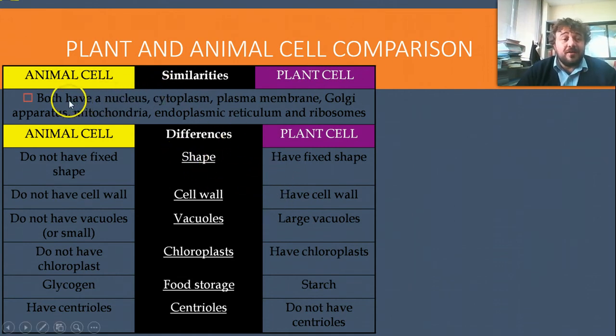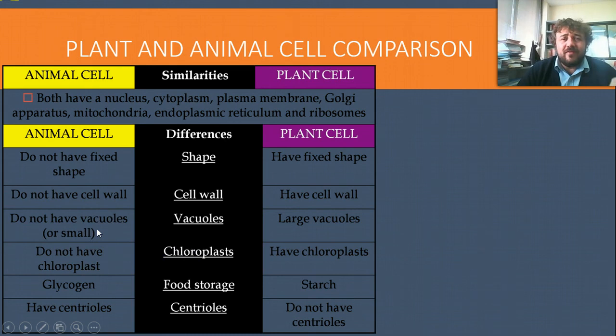We can actually have a look at the differences here. For example, these are the similarities: both have nucleus, cytoplasm, plasma membrane, Golgi apparatus, don't stress, mitochondria, ER, don't stress, and ribosomes, do stress. Alright, animal cells don't have a fixed shape, whereas plant cells do. Animal cells do not have a cell wall, plant cells have a cell wall, and that's where the fixed shape comes from.